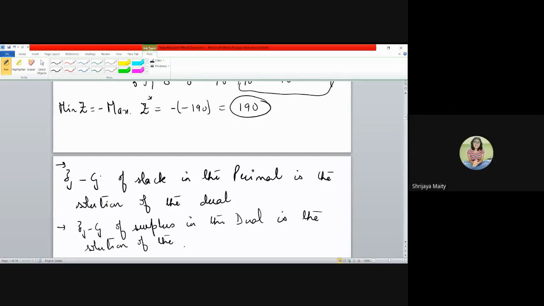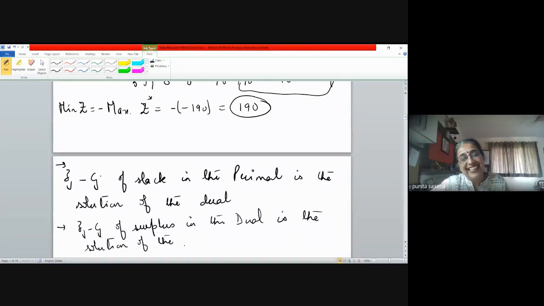I am getting confused then. Just remember one thing. Every constraint in the primal is a variable in the dual. Yes ma'am. Every variable in the primal is a constraint in the dual.